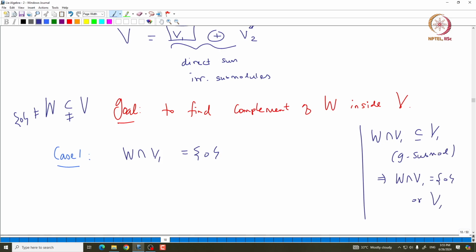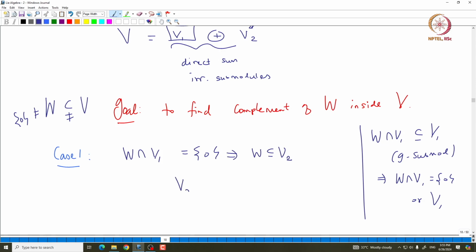So, we consider the first case when it is 0. When it is 0, then you can easily see that W becomes a submodule inside V2.